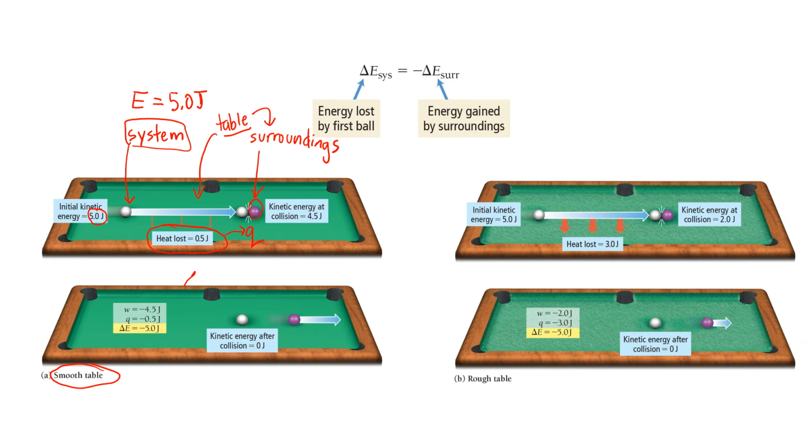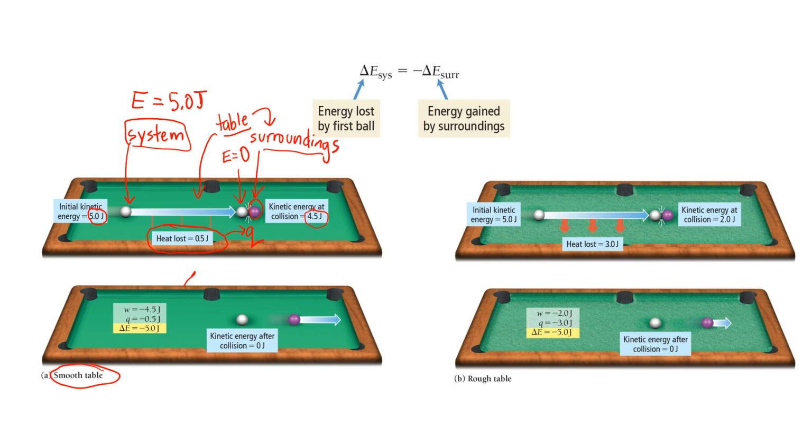The white ball, which is the system, has lost half a joule of energy to the table, which is part of the surroundings, and it also lost the remaining 4.5 joules of energy to the purple ball, which is also part of the surroundings. Now what happened? You went from 5 joules to 0. Now the white ball, the system, has no energy. E equals 0 for the system, right?